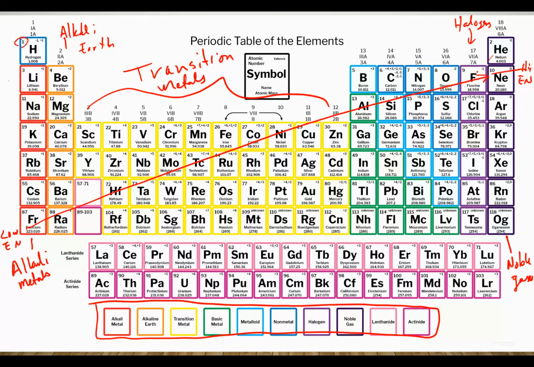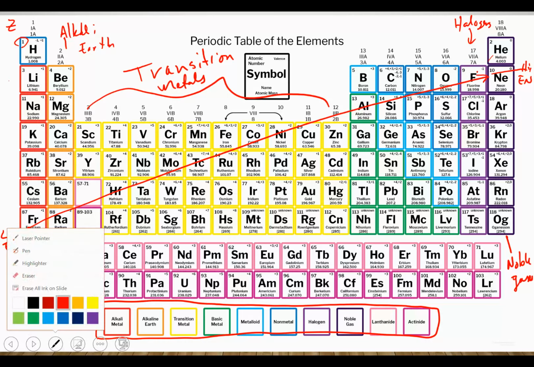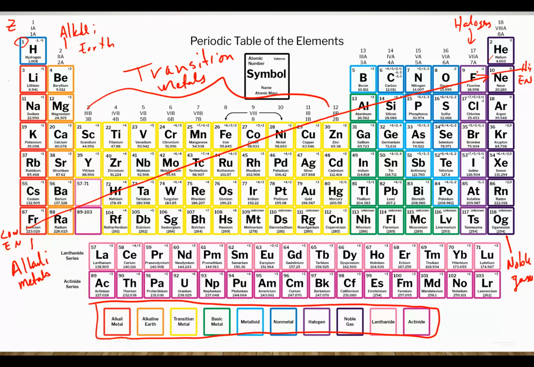You should remember this here is the atomic number Z, and, changing pen color just so we can have some contrast, this here is the atomic mass number A. A is a measurement of the mass of a single atom in atomic mass units, or, as we learned, the mass of 1 mole, that's 6.022 times 10 to the 23rd atoms, 1 mole of that element in grams.